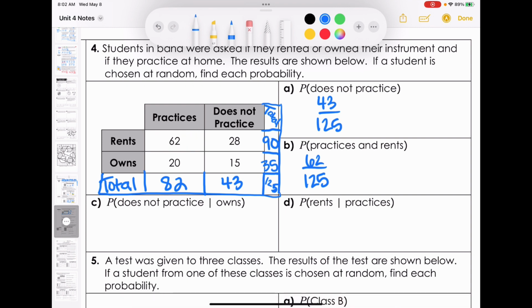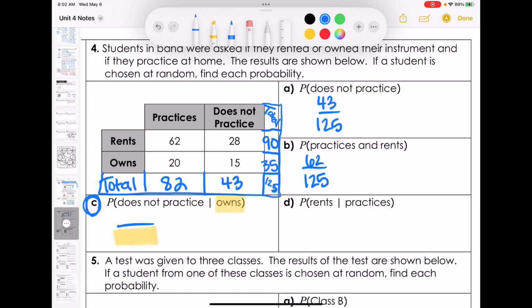All right, part C, which is down here. This one's set up a little bit differently. This little bar, when you see that, it means given that. So the probability that they do not practice given that they own their instrument. When you see that given that bar, whatever category comes after it goes on the bottom, my denominator. So how many total people own their instrument? 35.